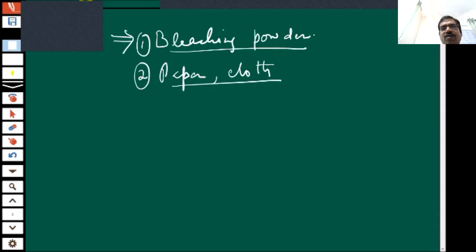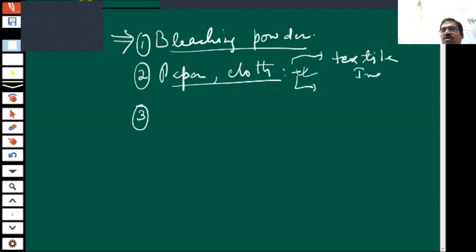Why? First of all, you have to bleach the clothes so that they become white, then again you apply color. So in these industries, it is required. Bleaching powder for sanitation purposes and all. Cloth, you can use a better word also: textile industries. Textile industry. Okay. In extraction of gold.